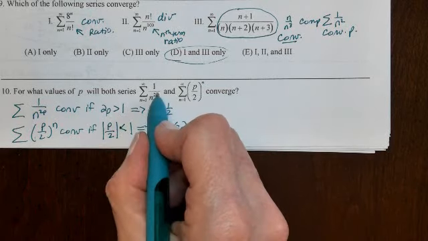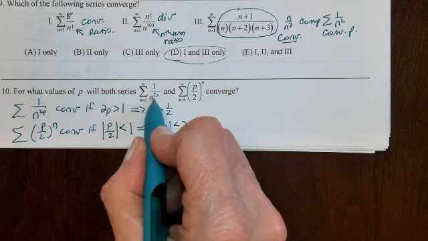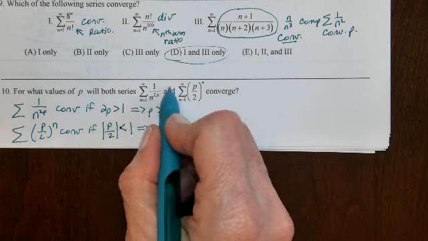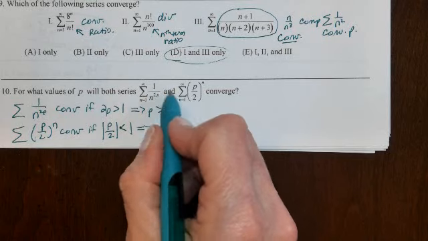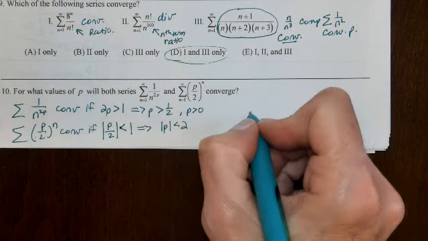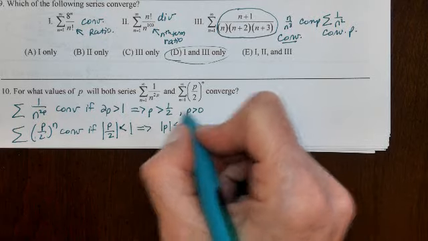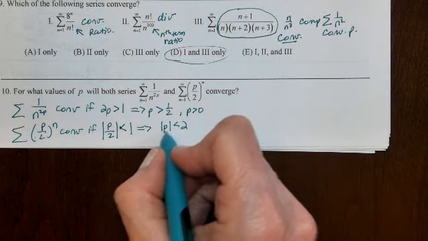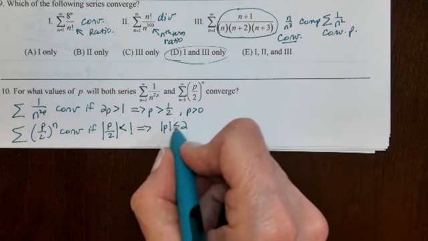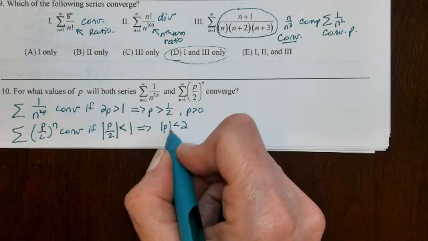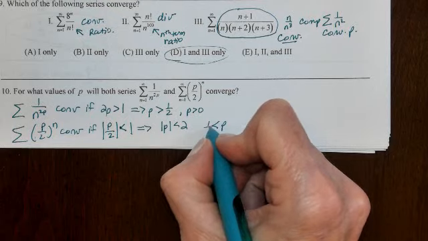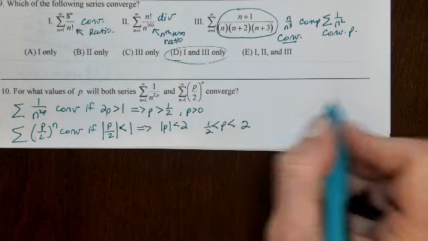By the way, for a p-series, p has to be positive here. If p was negative, it would send this to the top and then it would diverge. So p has to be positive. Okay, well, p is greater than 1/2, so it has to be positive anyway. So p is greater than 1/2, but also p is less than 2. So p is greater than 1/2, but less than 2.